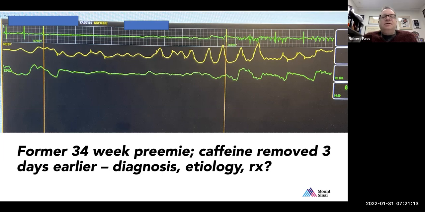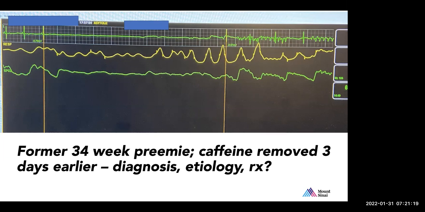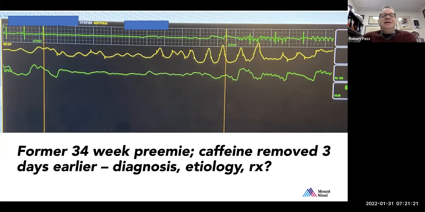Well, let me ask you, how often have we made that diagnosis in any patient? Very rarely. You're starting to get to the point in your career where it's not entirely true that it's never happened, but it's getting less common, right? So we don't really see sinus node dysfunction in newborns very often.